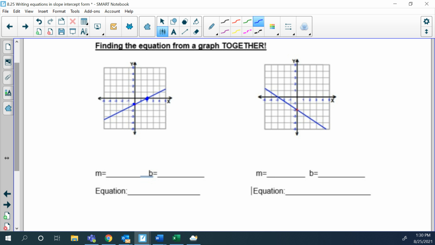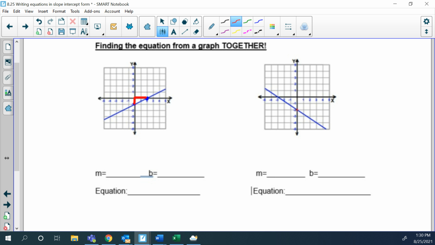Now, again, you can still use the slope formula, m equals y2 minus y1 over x2 minus x1. But if you use rise over run, I think it's a lot faster to get the slope from here. So for my slope, I'm going to draw my triangle. I'm going to start with the lowest point, and go up and then to the right.